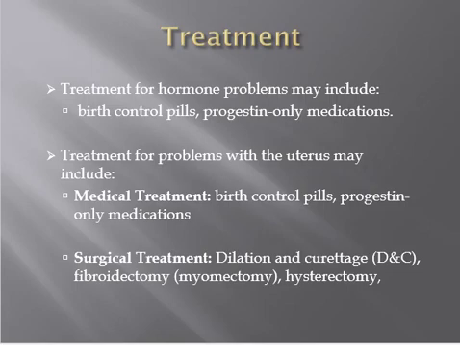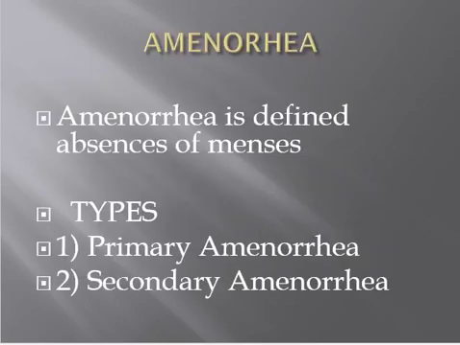Okay, so that takes us to another disorder, which is amenorrhea. So amenorrhea is defined as absence of menses. It has two types. You have the primary amenorrhea and the secondary amenorrhea. So what is a primary amenorrhea? This is absence of menstruation at the age of 16 years in a female with the presence of secondary sex characteristics.